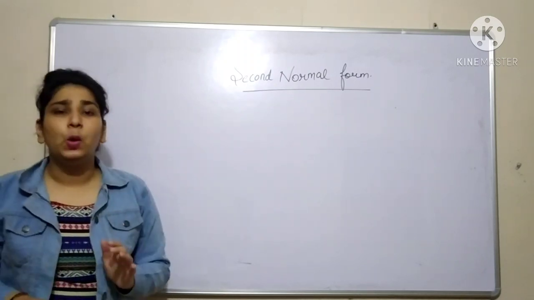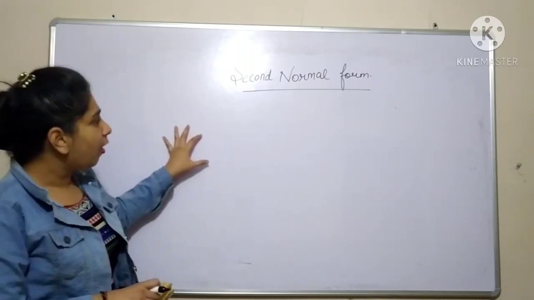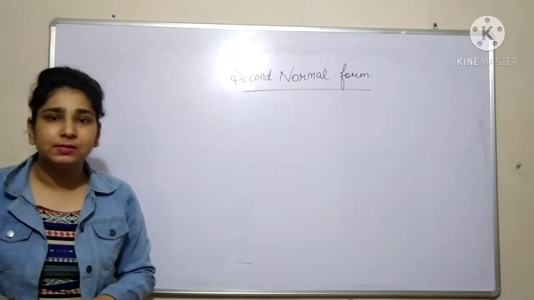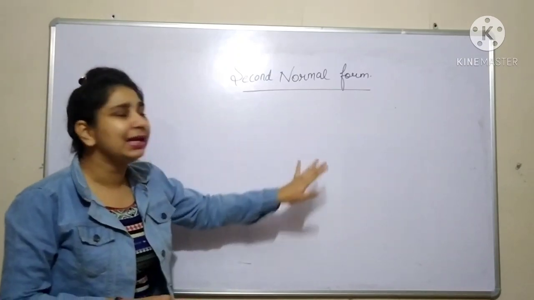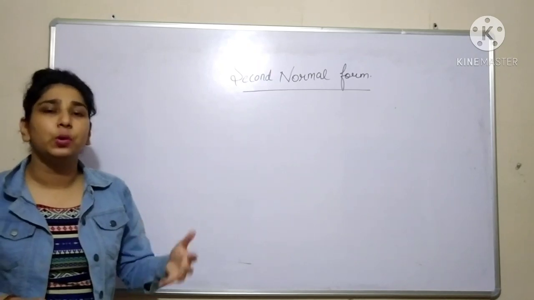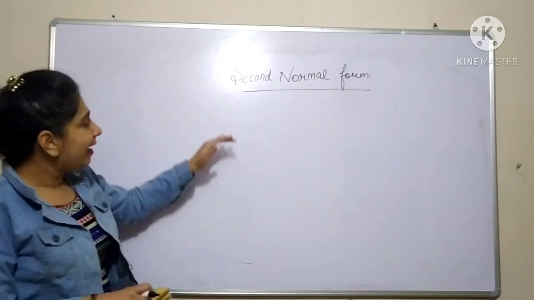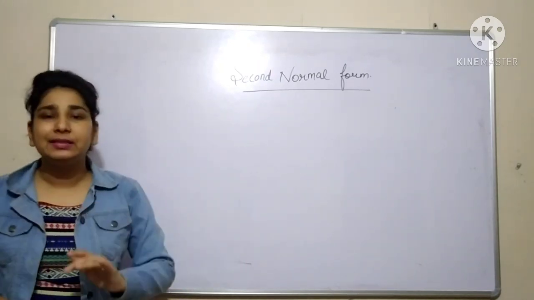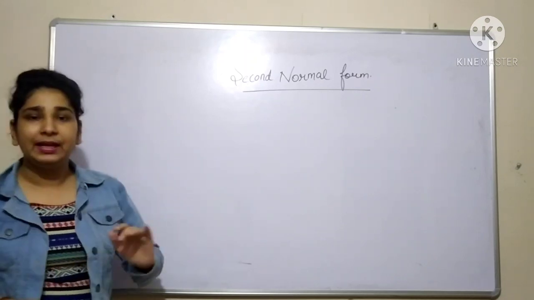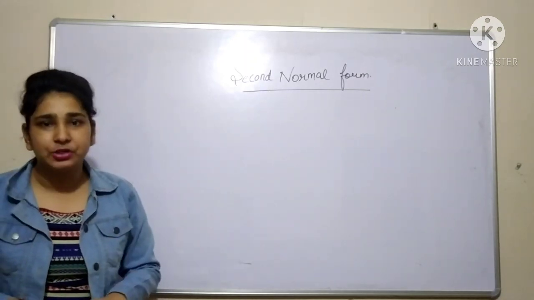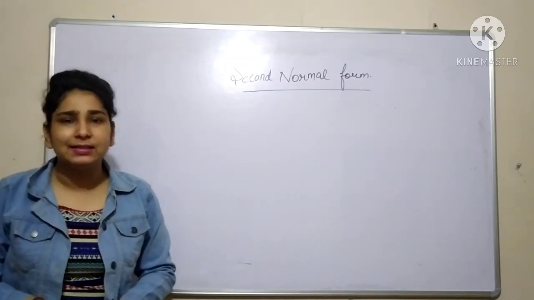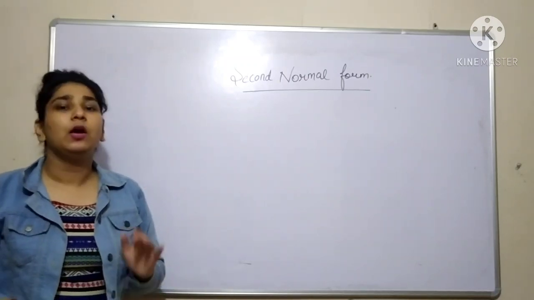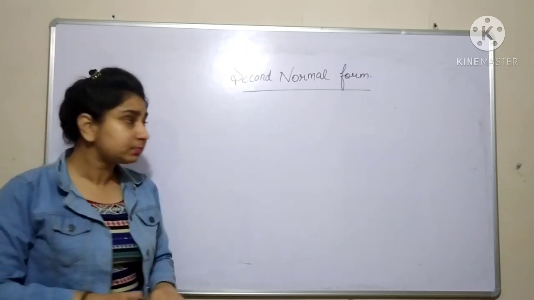When we don't have any knowledge of databases, we make just one relation, one table, and we store our entire data in it, so we have a lot of redundancy or duplicacy of our data.